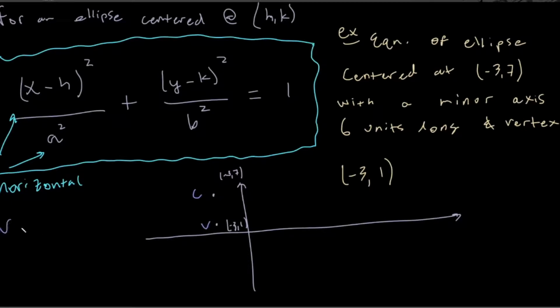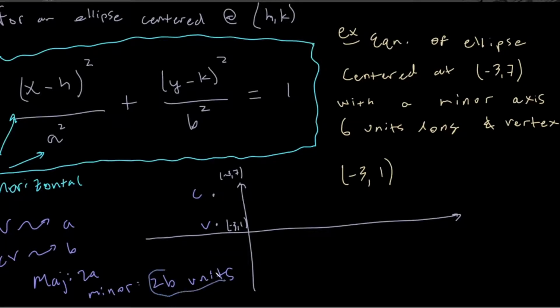So the vertex relates to A, and the co-vertex relates to B. And remember, the major axis is 2A units, and the minor axis is 2B units. Well, actually, that's pretty helpful. Earlier, we said something about the minor axis. Well, it's 6 units long, so B must be 3.